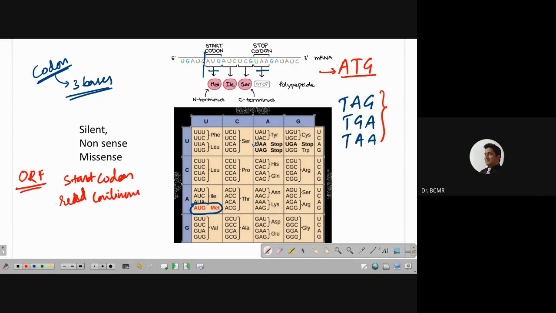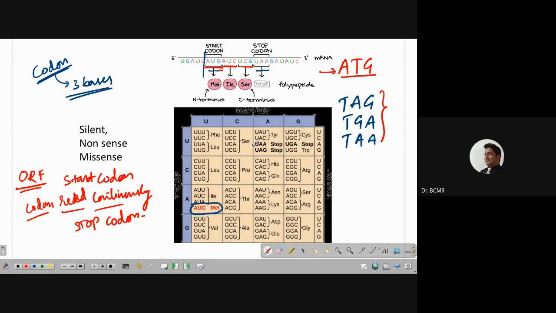Codons are read continuously, which means there is no gap between them. One codon is read, and then the second is read, third is read, and so on, right? And then it will end with a stop codon. That is reading in frame.